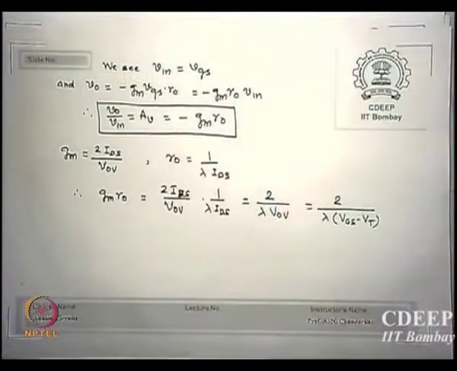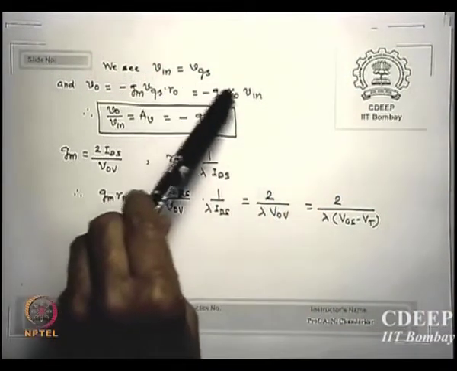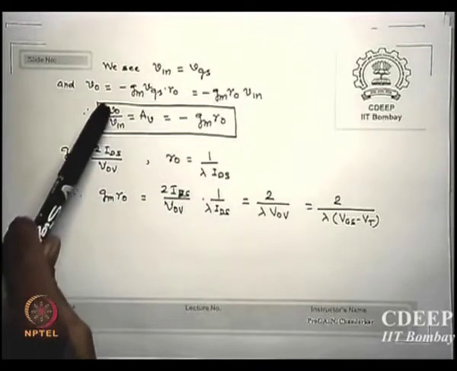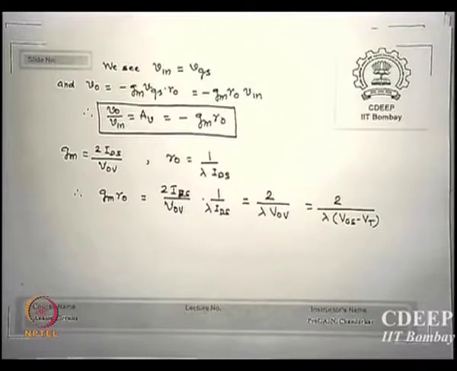Is that clear? This part has to be understood because R0 is very high. So GM R0 is okay, that part let me do again before we go here. The expression, if I use the same ones, Vin is equal to VGS, so V0 is minus GM VGS R0, so GM R0 Vin, so V0 by Vin, AV, is minus GM R0, is that correct?